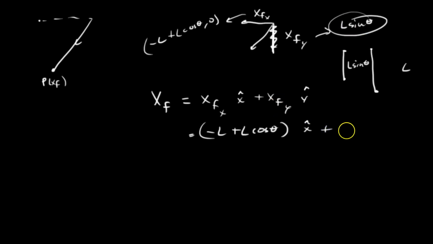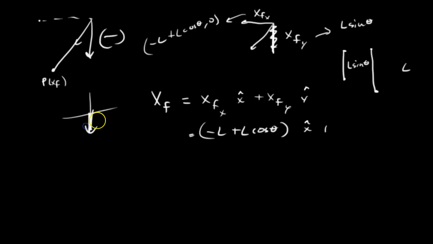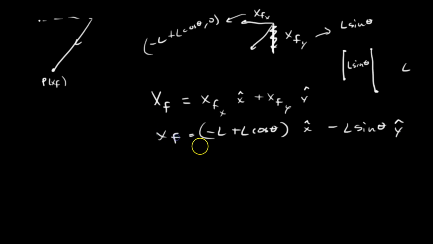Right here, L sine of theta in the y direction. Actually, technically, this is wrong, because in the y component it's negative, right? Since we have the axis going this way, it's negative. So it should be minus L sine of theta in the y direction. This is going to be xf.